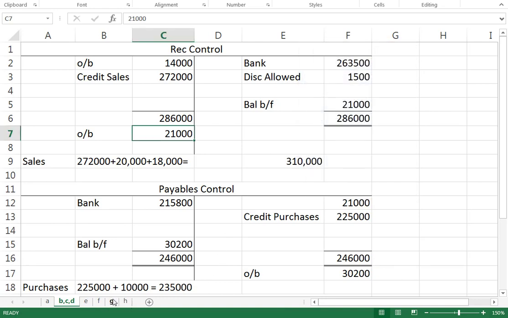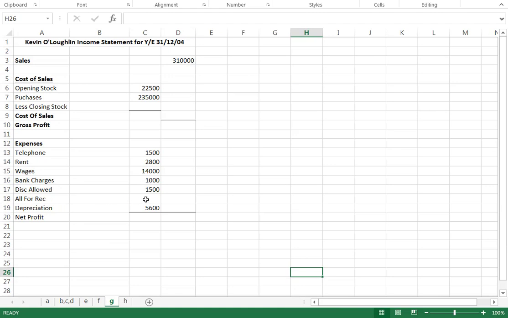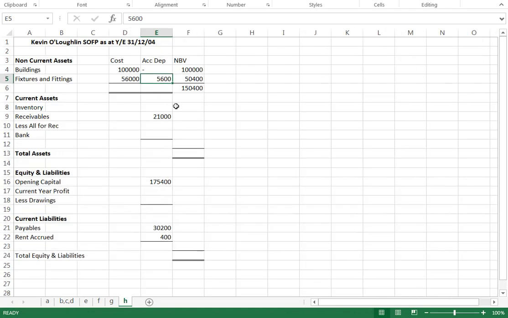So again, 1,050 is going to be my allowance for receivables expense, and I'm going to have minus 1,050 there, taking my allowance for receivables off my receivables. Okay, so we're doing very well now.